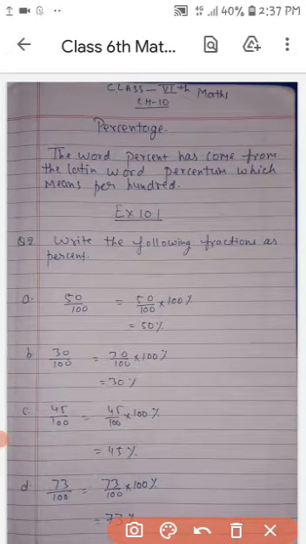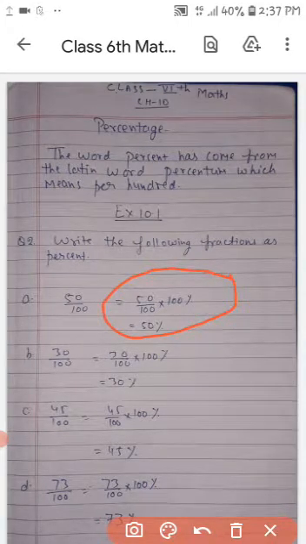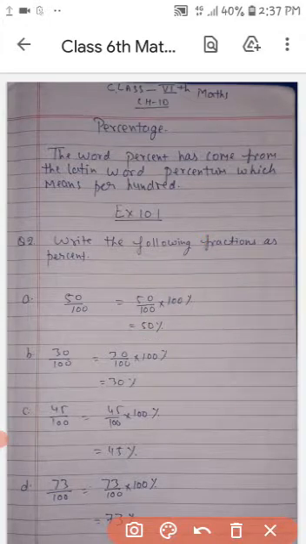First of all, 50 upon 100, multiply by 100, and also draw the symbol of percent here. Now 100 is cancelled. Now the answer comes to 50%. Second part, 30 upon 100.